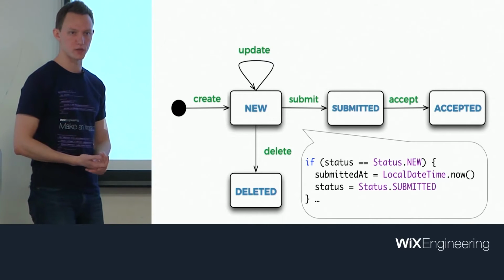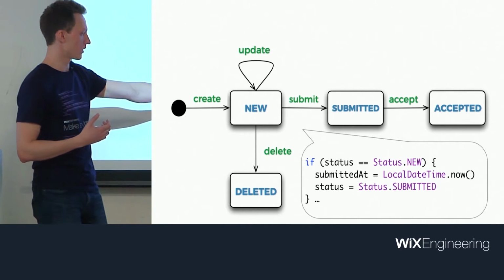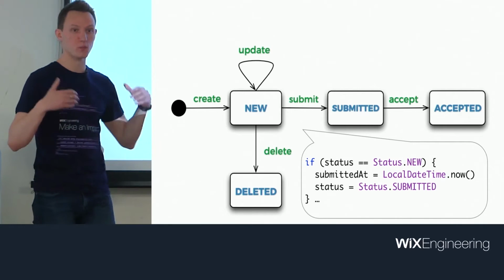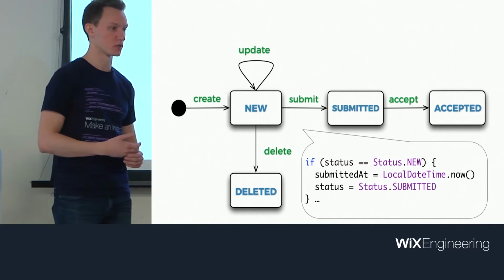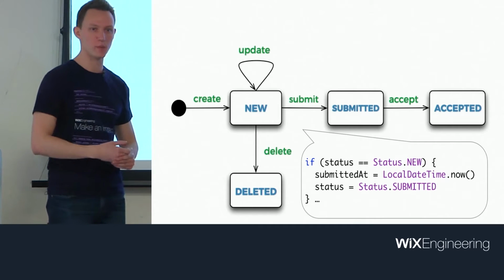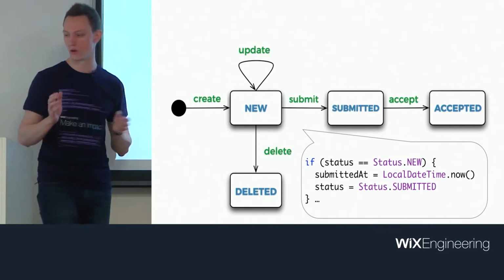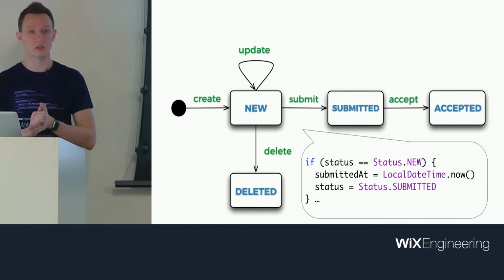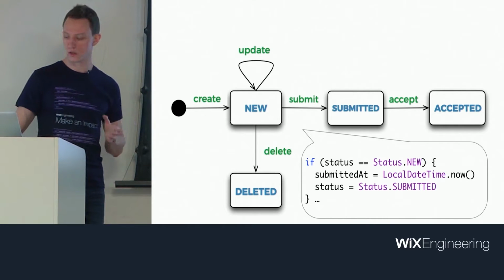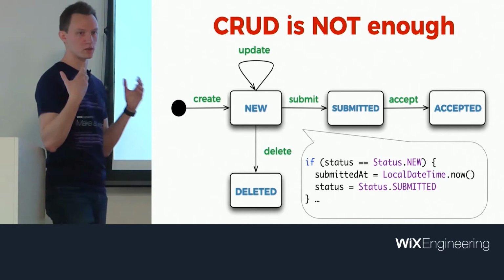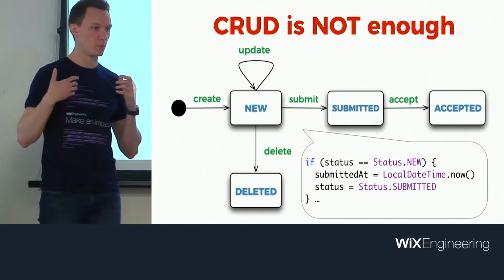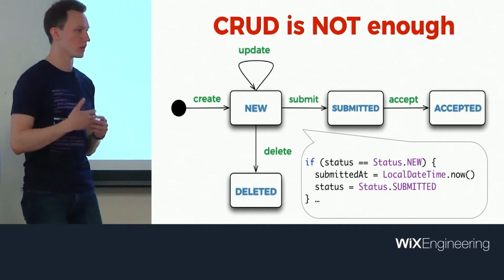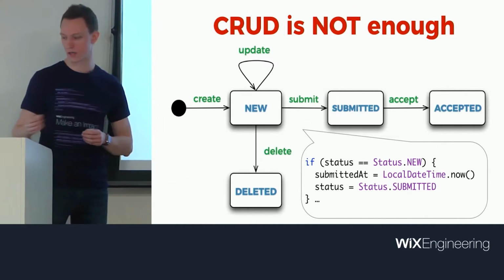It has to be done by the server. Now you see these three dots here. There is more actually happening in real applications. Like you have to send an email, maybe you have to post something to another system and stuff like that. So the outcome here is very simple: CRUD is not enough. We need business-centric resources to fulfill actions like submission and acceptance.